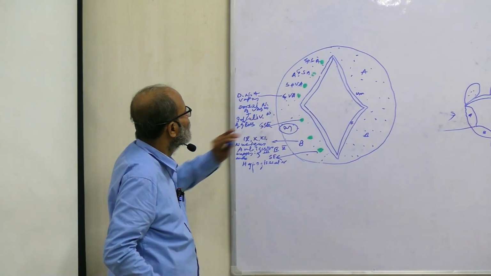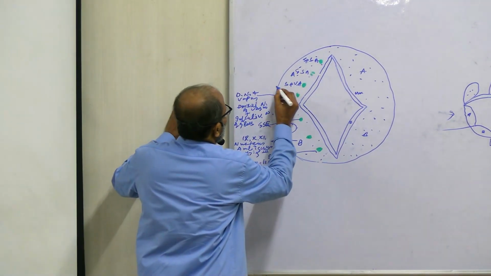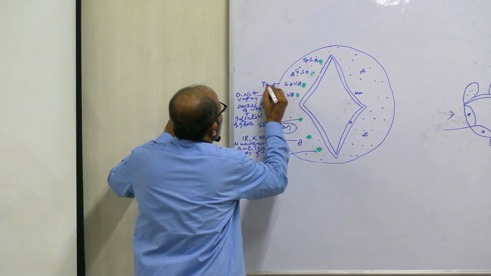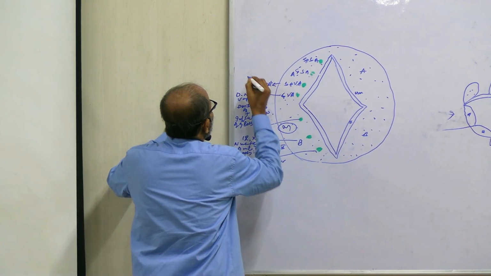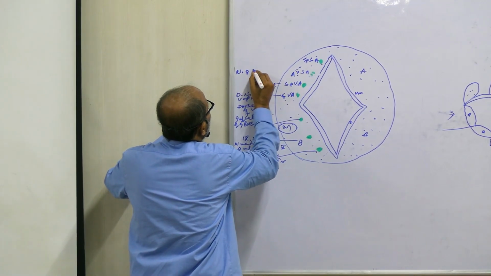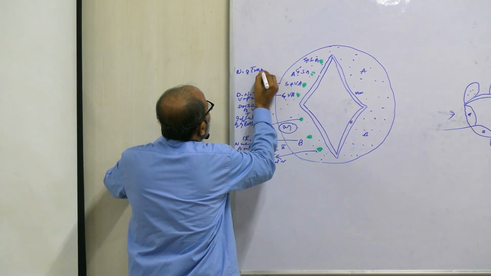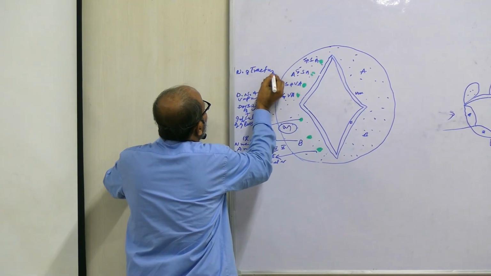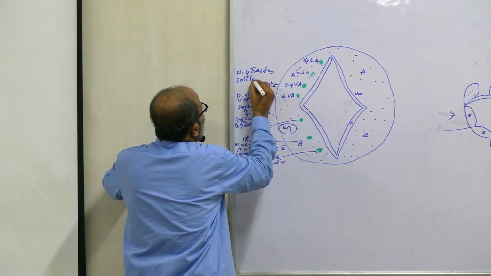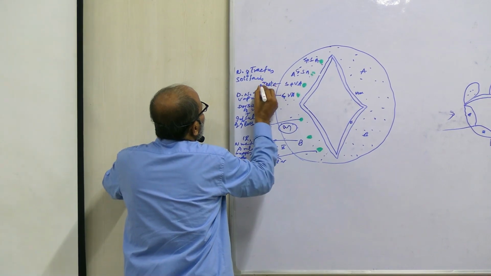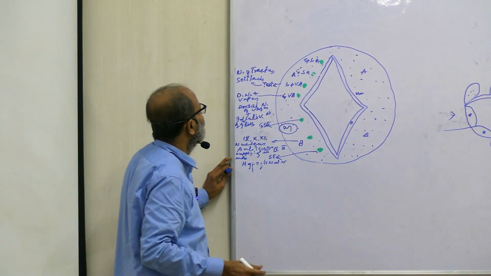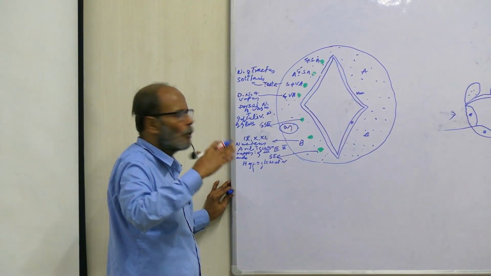Now the special visceral afferent is the taste sensation. It is for the taste sensation that comes from the nucleus of tractus solitarius. So taste sensation is converging upon the nucleus of tractus solitarius.